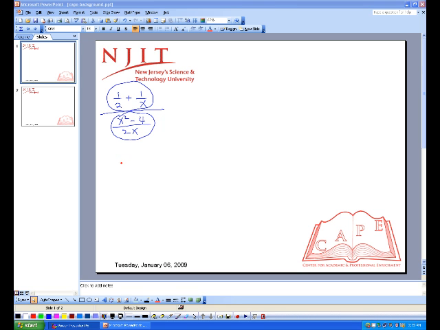So in order to do this, first of all, we have to treat both the numerator and denominator separately. The numerator is an addition of two rational expressions, so we should simplify that first.